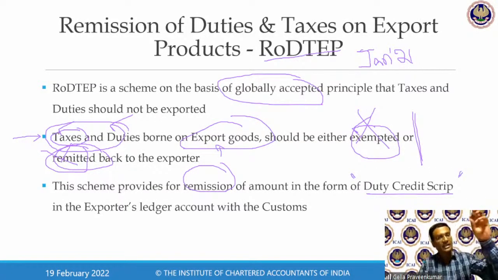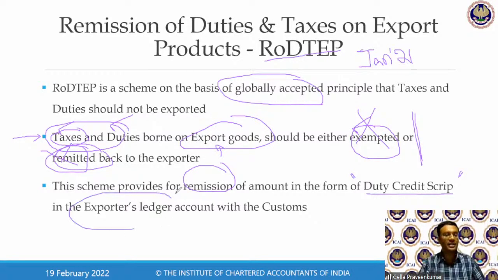There is an exporter's ledger maintained with the customs authority. Like I have an electronic cash ledger and an electronic credit ledger, my electronic credit ledger will be credited with a value called the duty credit scrip. So this is the basic process, the basic aspect concerned with RODTEP.